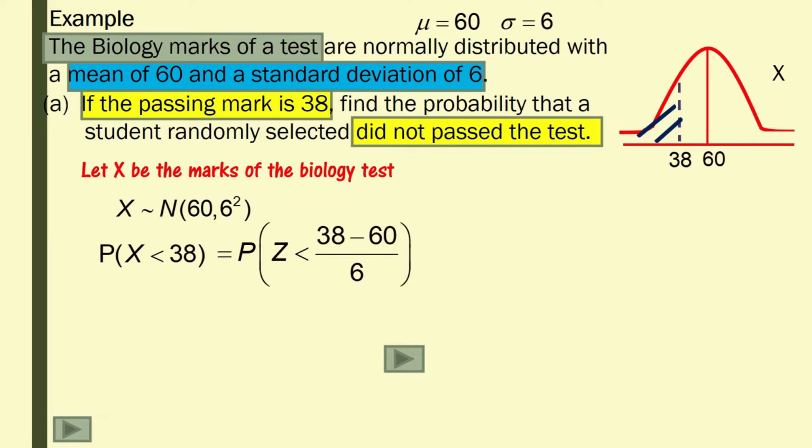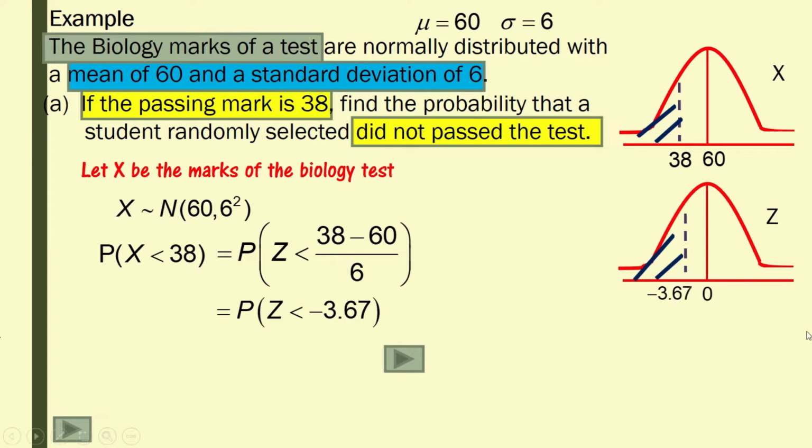Z less than (38 minus 60) over 6, we get P(Z < -3.67).